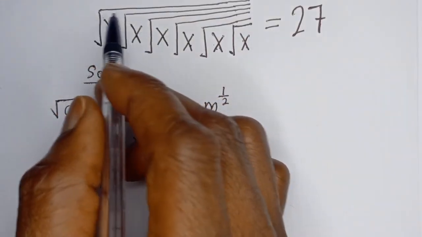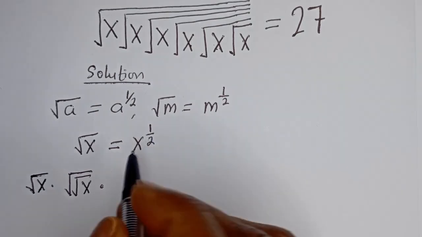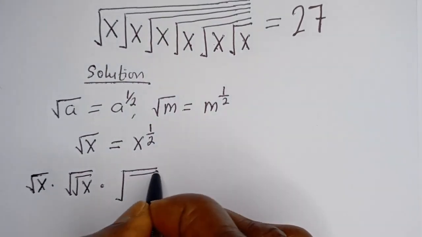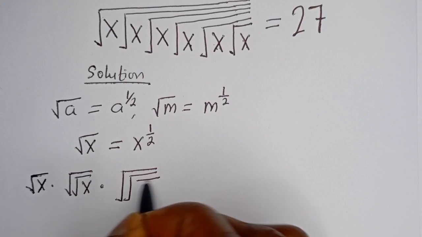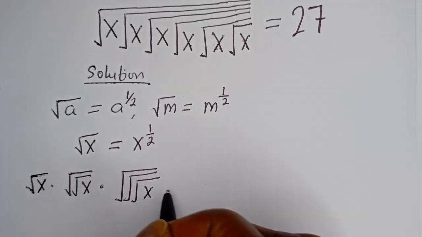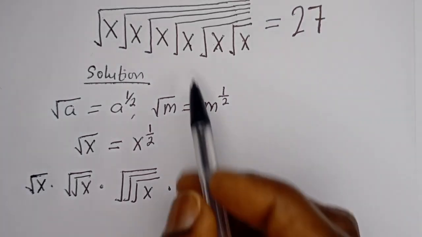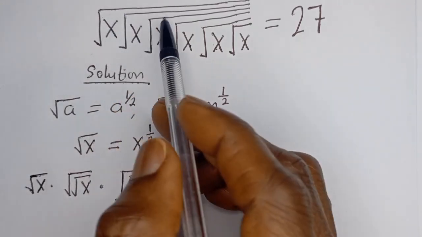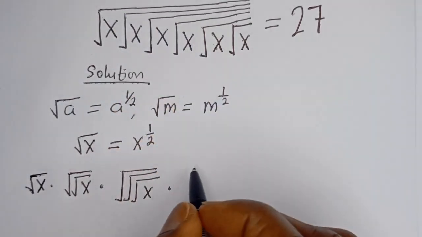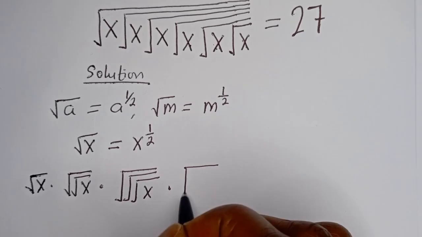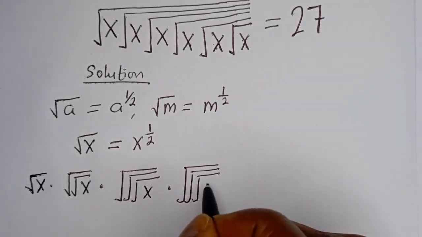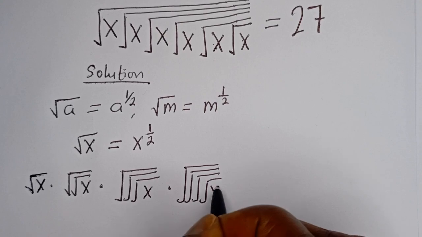We have first square root, second square root, and third square root. Then this fourth s, we have first square root, second square root, third square root, and fourth square root.